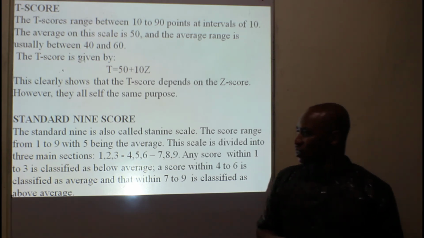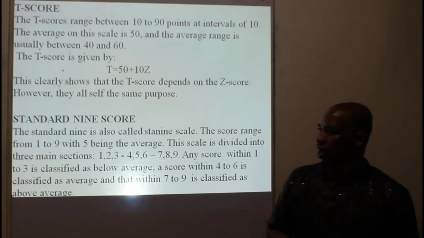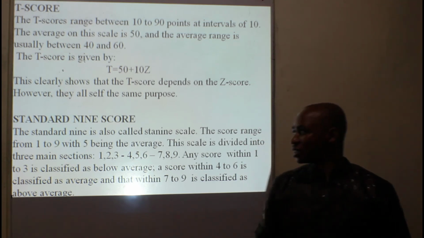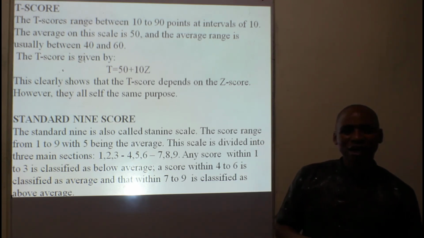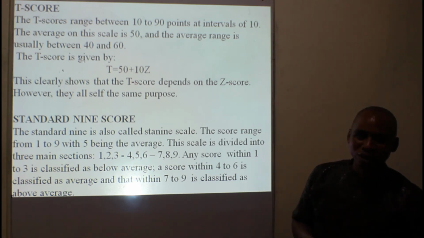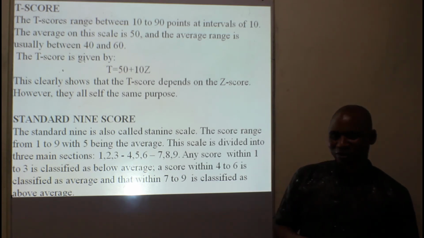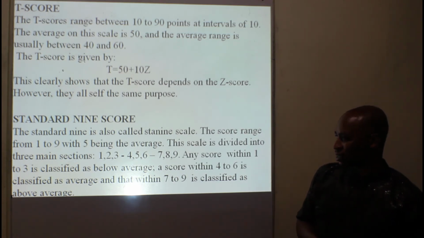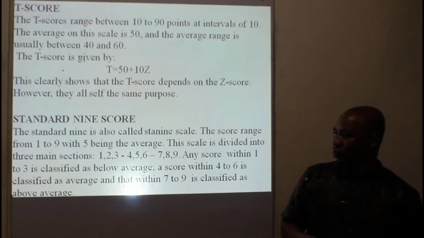Now let's consider the third standard score, which is the standard 9 score. The standard 9 score is at times called the stanine score or stanine scale.